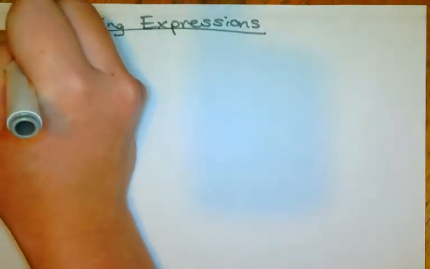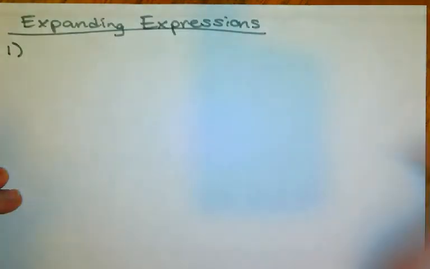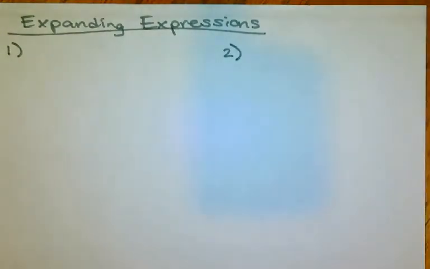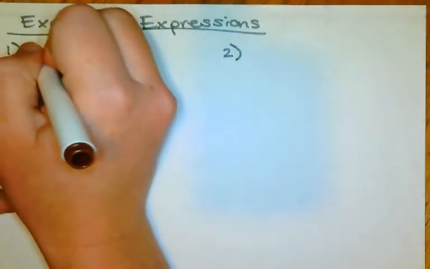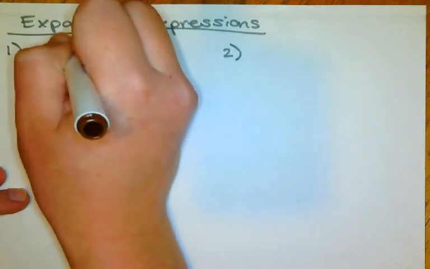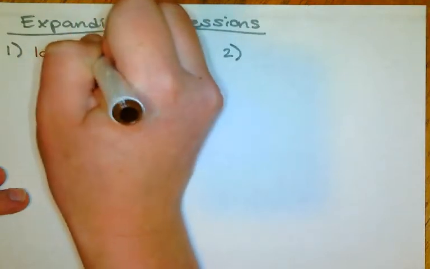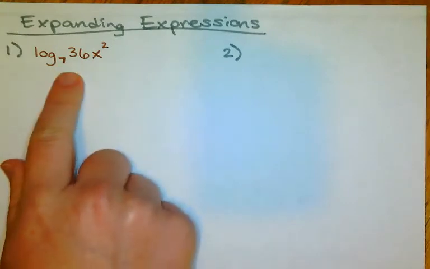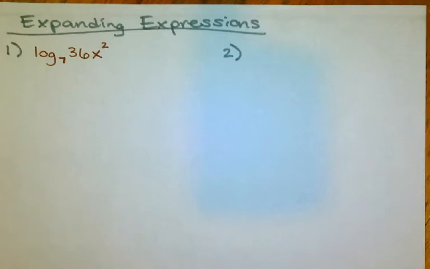So we're going to do a couple of examples here. Let's say we have log base 7 of 36x squared. We want to expand this. When we expand, we want to look to see if we have any rules that we can apply here.